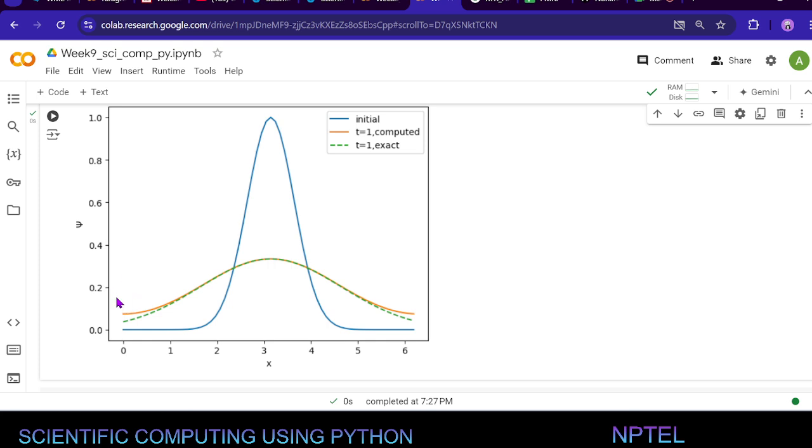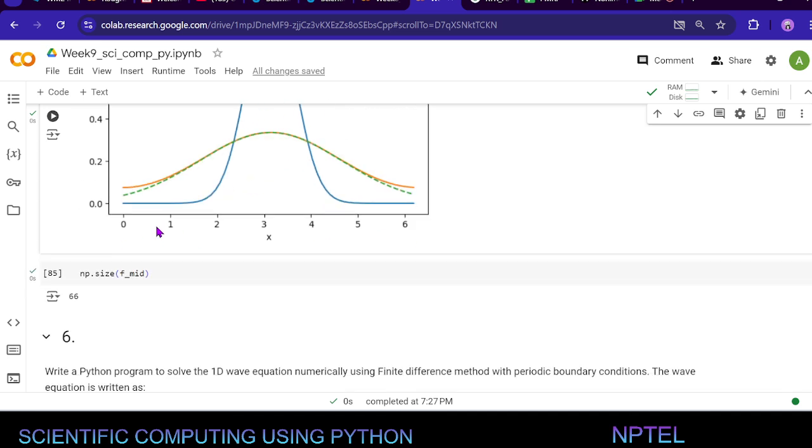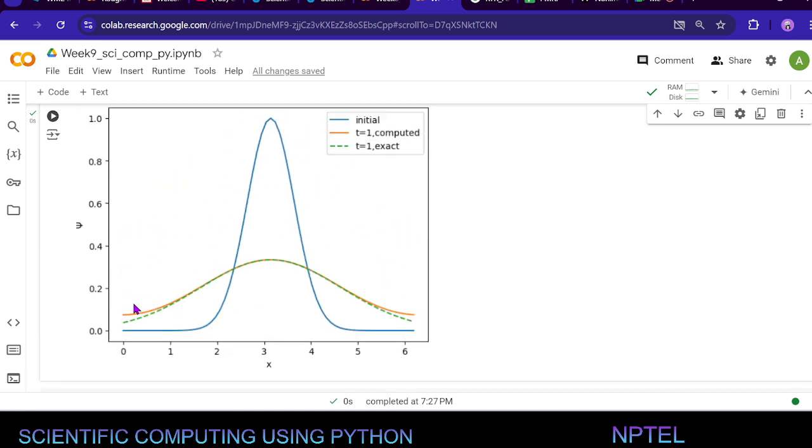Because we used periodic boundary condition, which means we did not let stuff run out of this box. Whenever it ran out, it came from here. So originally in the equation itself, it was diffusing, it was going out of the box. All of those got accumulated at the end. Yes, so at both the ends, we have some deviation, and that deviation is positive. All right. So that is expected.